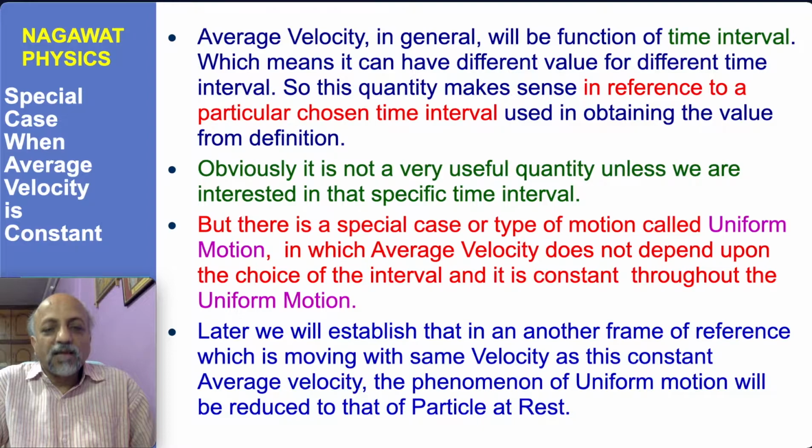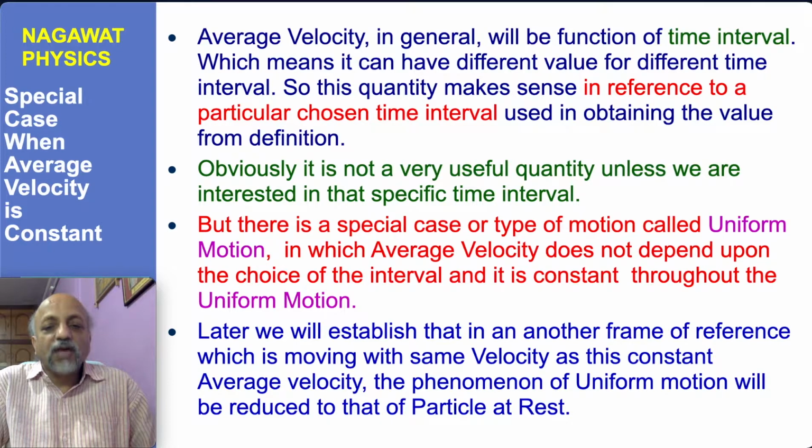And we will take up those concepts. What do we mean by a moving frame of reference? Here, just as a hint, if we choose a frame of reference moving with the same velocity as that of the particle, then in this new, moving frame of reference the particle would appear to be in a state of rest.